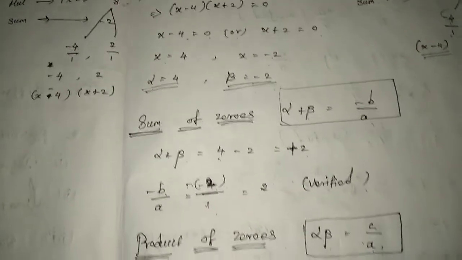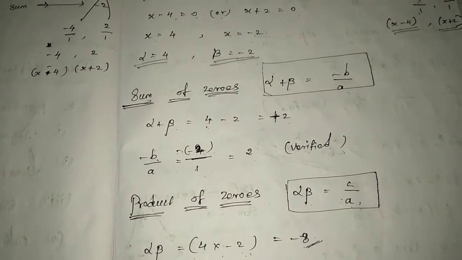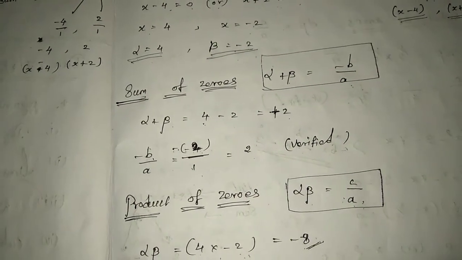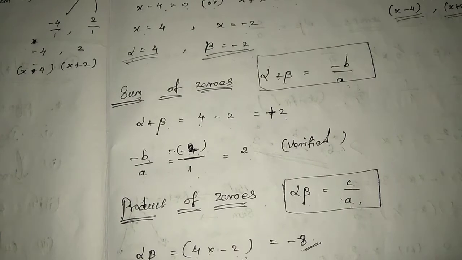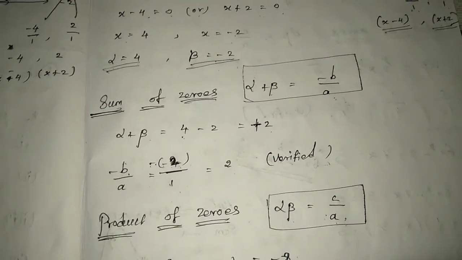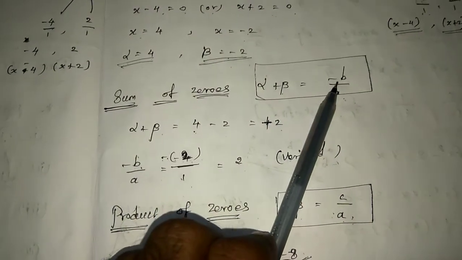Next, we should verify the relationship between zeros and coefficients. We already know the relationship. The first condition is the sum of the zeros: alpha plus beta is equal to minus b by a.